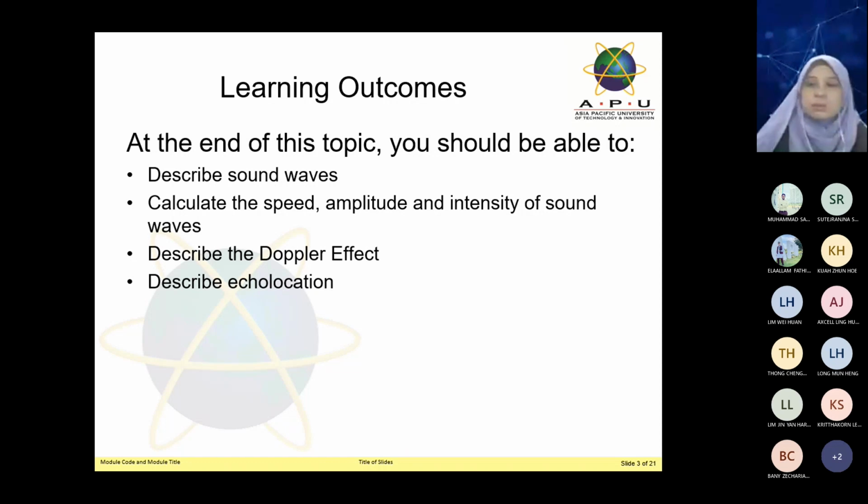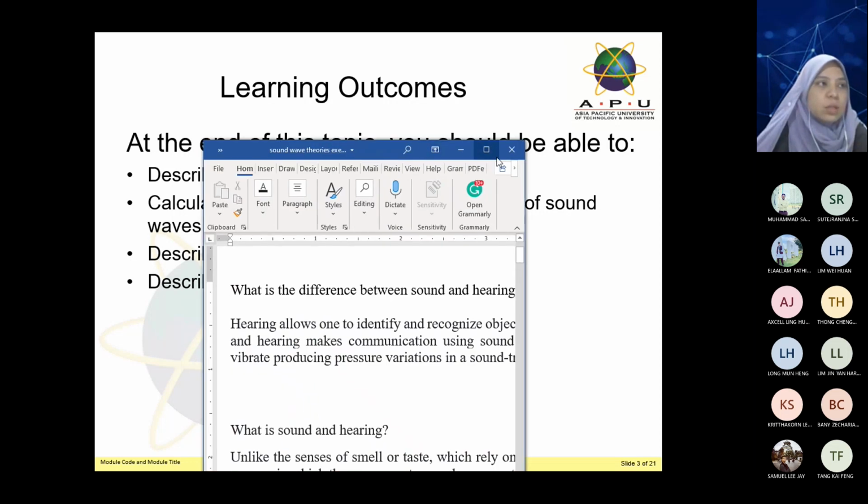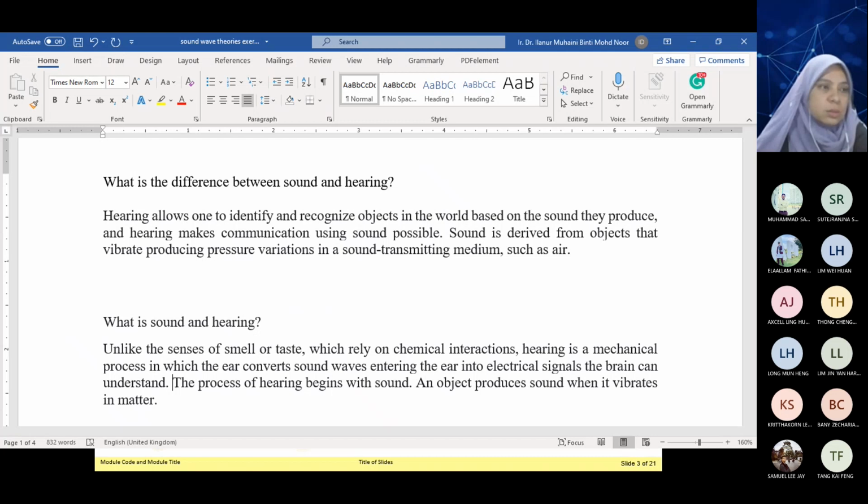Okay. Before we go deep into the topic, okay, let us look at the theories. So what is the difference between hearing and sound? Hearing allows one to identify and recognize objects in the world based on the sound they produce. So for example, you sit in the living room, okay?